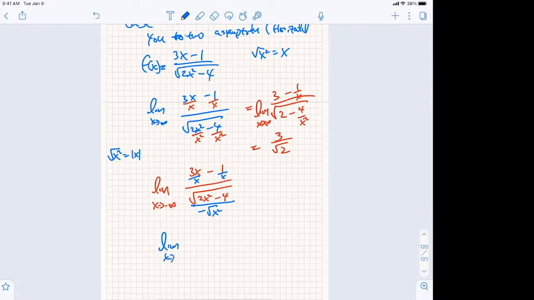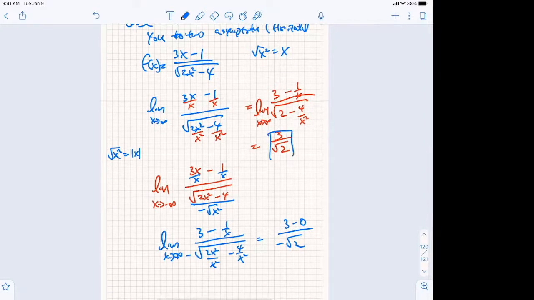So the limit as x approaches negative infinity is going to be 3 minus 1 over x, over negative the square root of 2x squared over x squared minus 4 over x squared. So that is going to be 3 minus 0 over negative square root 2. So you have 2 horizontal asymptotes. Tomorrow I'm going to show you that sometimes you can have 2 horizontal asymptotes with 2 different numbers. Today is one of the examples that gets us there.